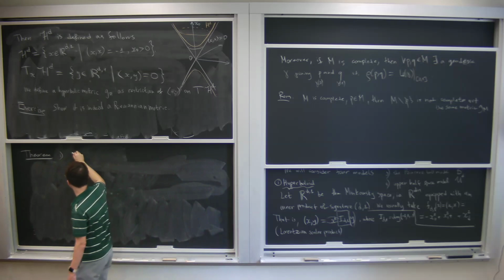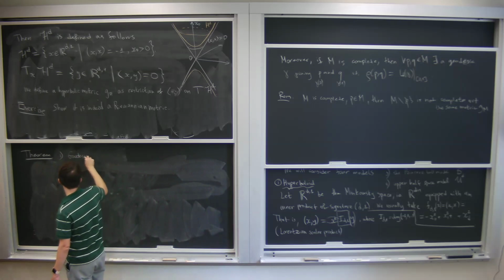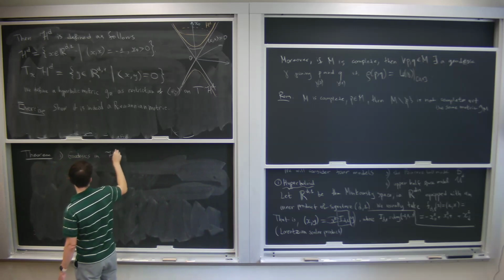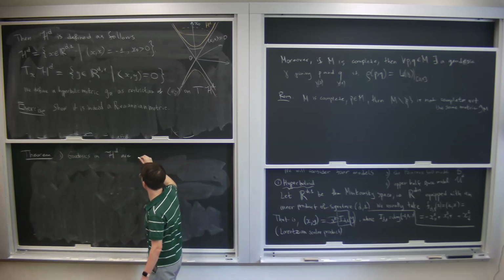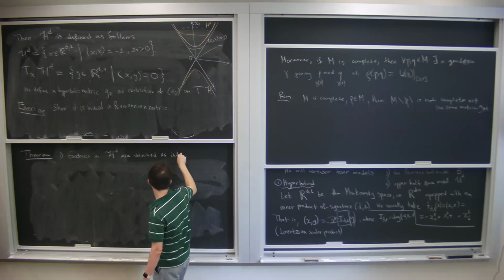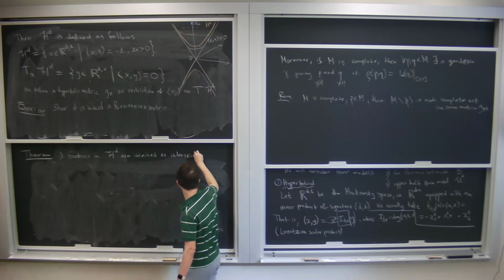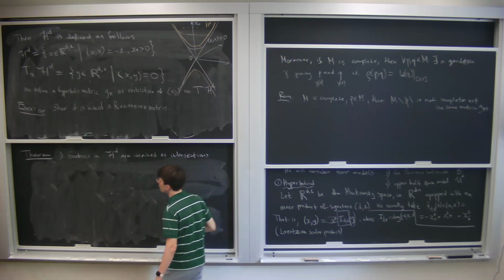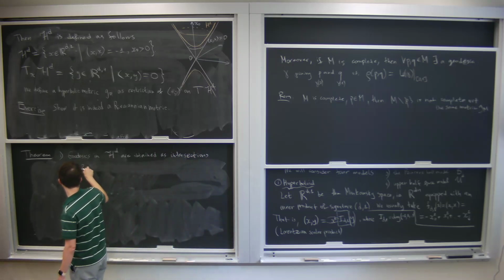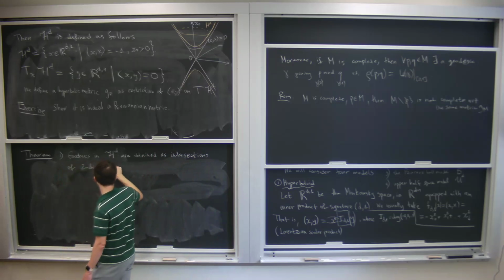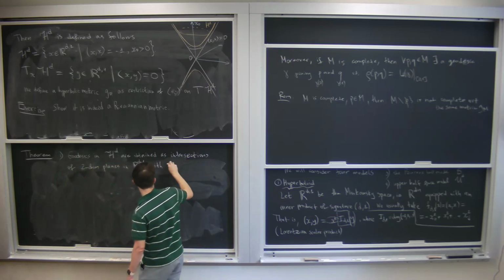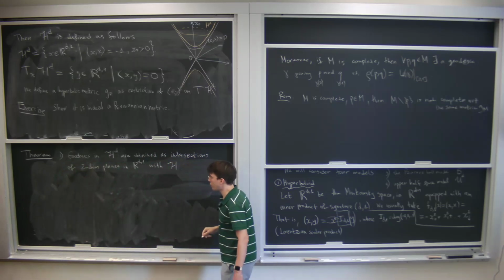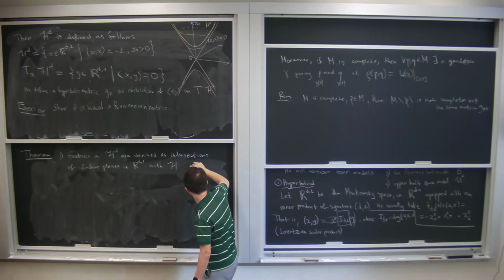Geodesics in HD are simply obtained as intersections of two-dimensional planes in R^{D+1} with H.